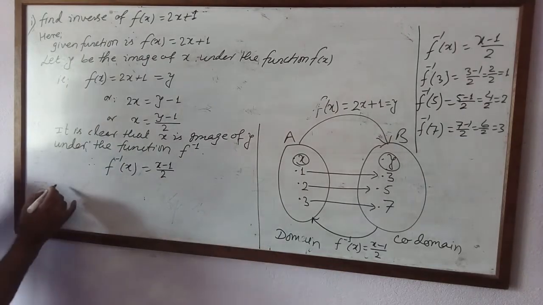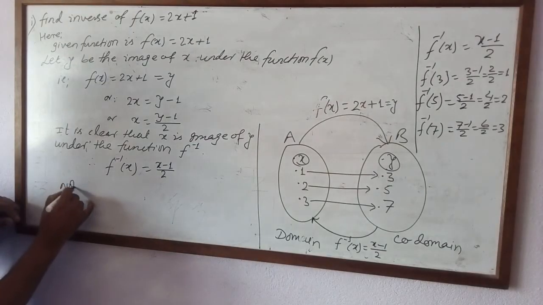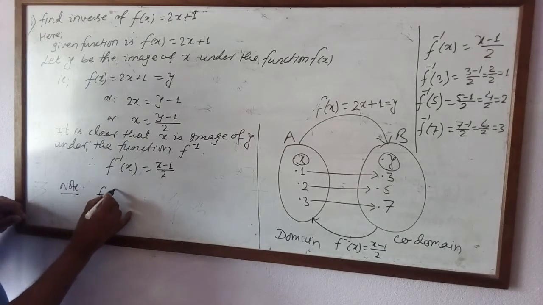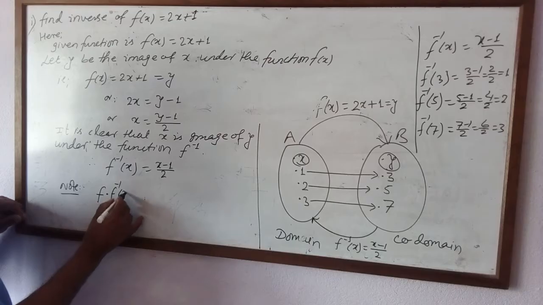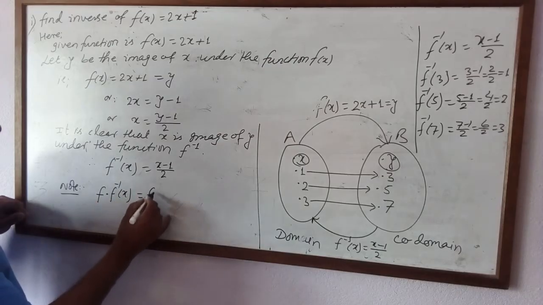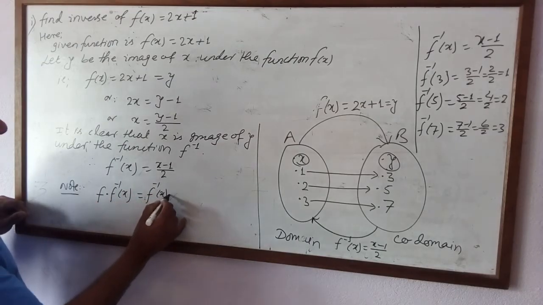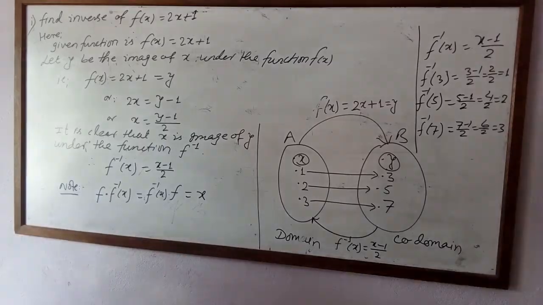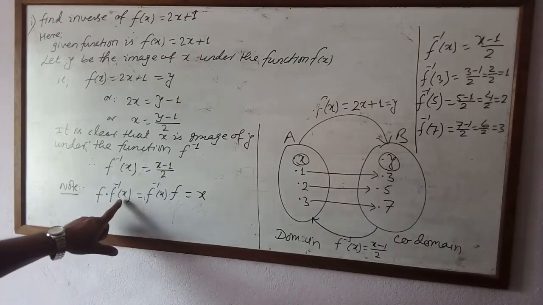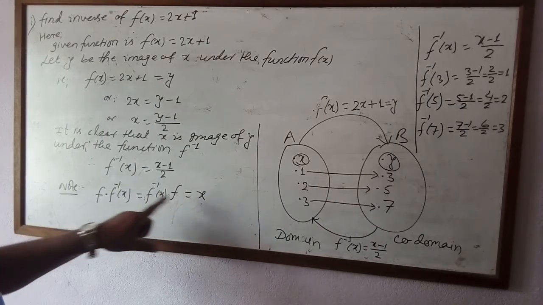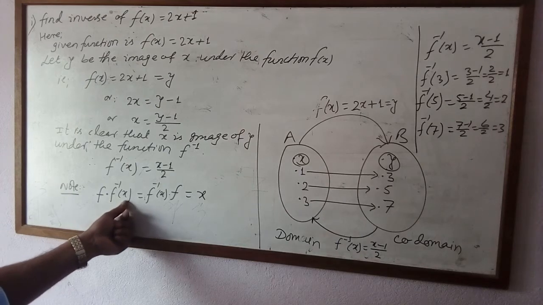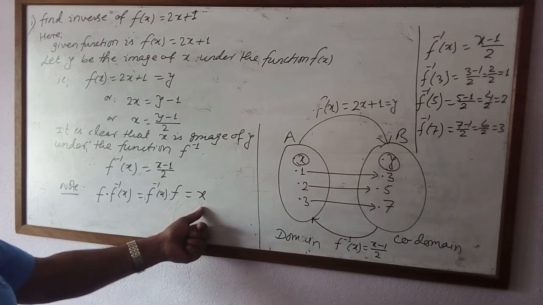And remember that in any function f, f inverse of f x, or f of f inverse x, will always be x. This is the identity. If you write here 2, it will also be 2. If 3, 3; 4, 4; 5, 5. Whatever the domain, the result will always be the same.